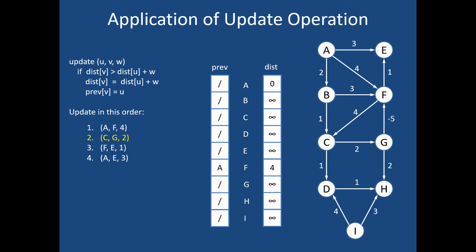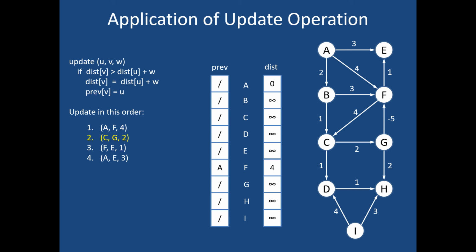What about that one right there? What if we try to update the edge from C to G of weight 2? Okay. Previous becomes C, distance becomes 2. Well, let's try it out. No, never mind. You retract your answer.